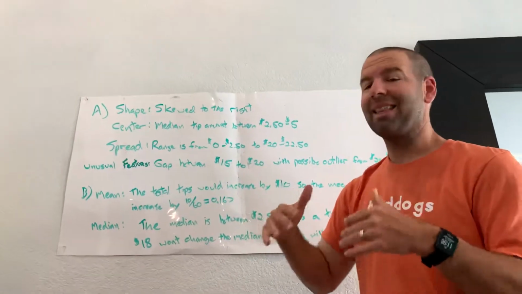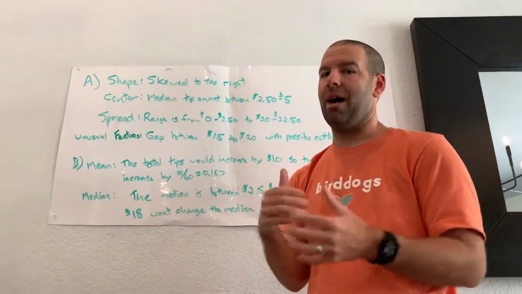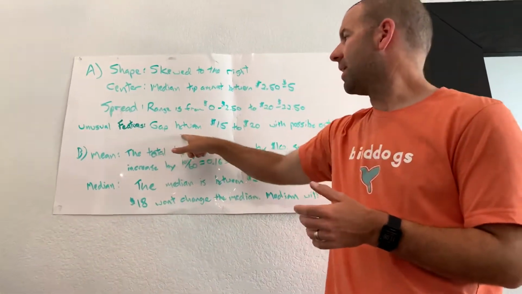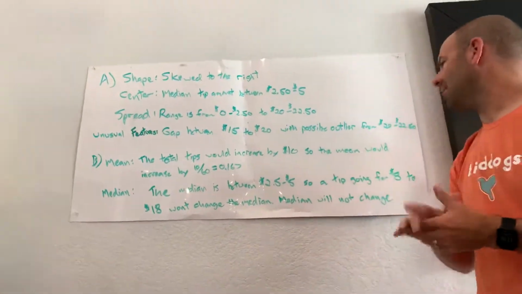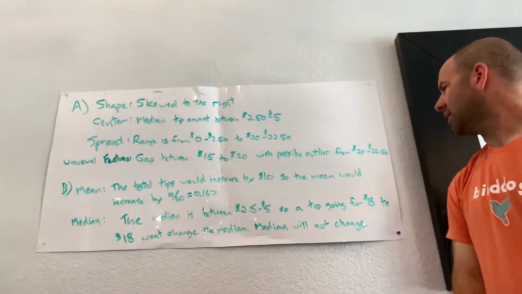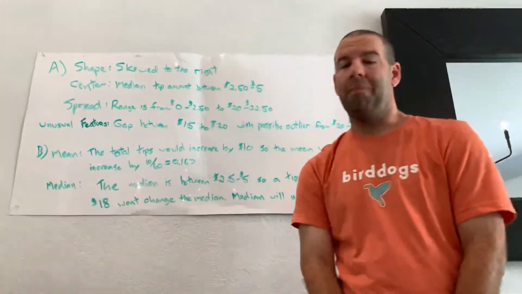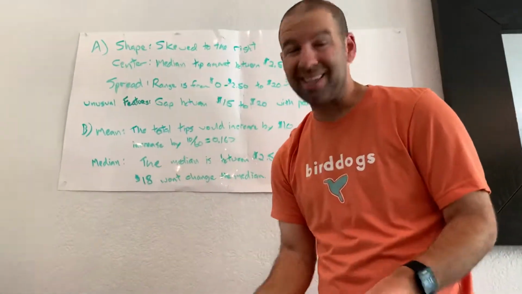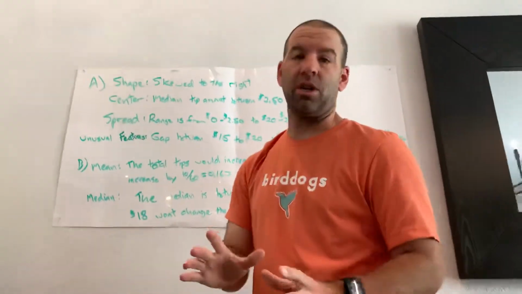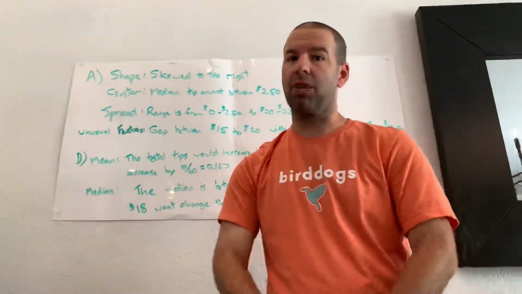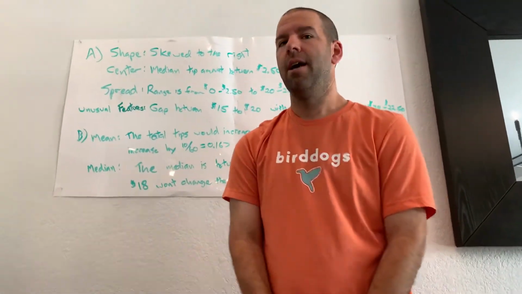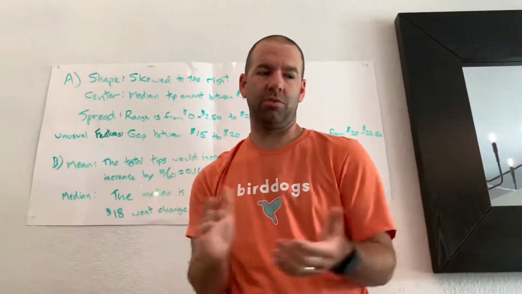Then I comment on the gap and the possible outlier in unusual features. There's a gap between $15 and $20, and there's a possible outlier in 20 to 22.5. I'm not saying there is an outlier because I don't know that. We can only determine that by creating the fences, which is in chapter 5, so go ahead and review how to find the fences. It's a possible outlier.